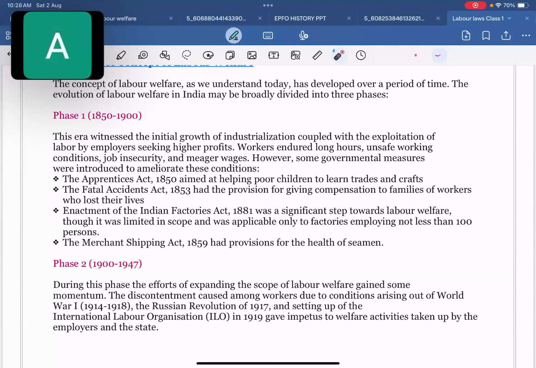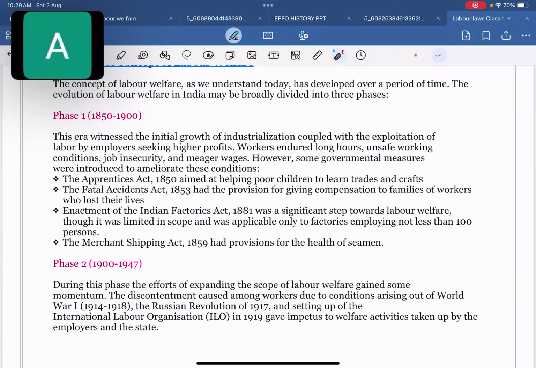In that there is the case of long hours, unsafe working conditions. So this is what has been mentioned here: long hours, unsafe working conditions, job insecurity and meager wages. Fine, meager wages. However, some governmental measures were introduced to ameliorate this condition.